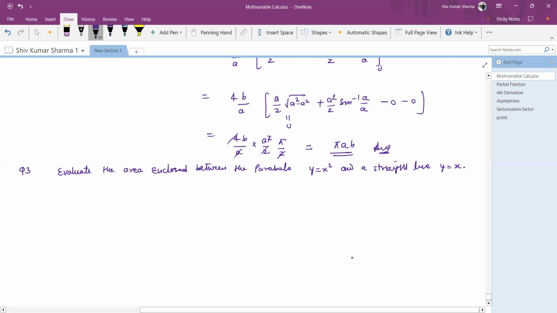Here two curves are given, y equal to x square and y equal to x. So we calculate the area enclosed between these two curves.